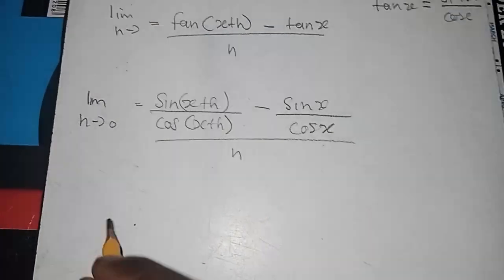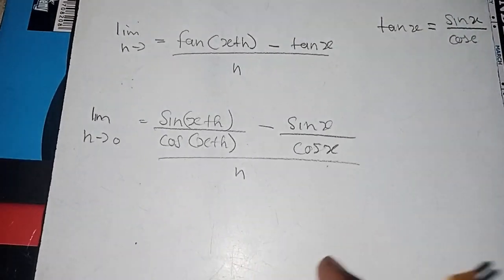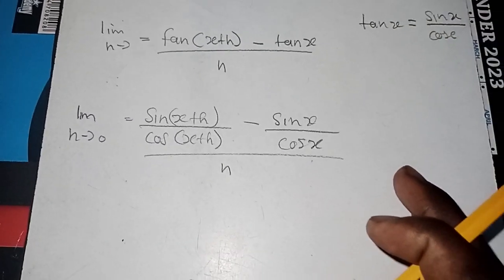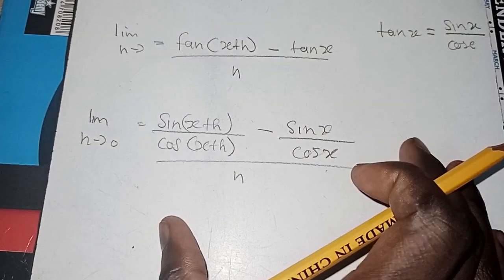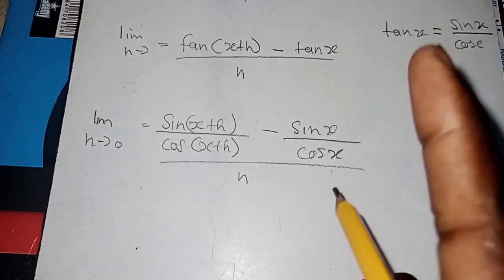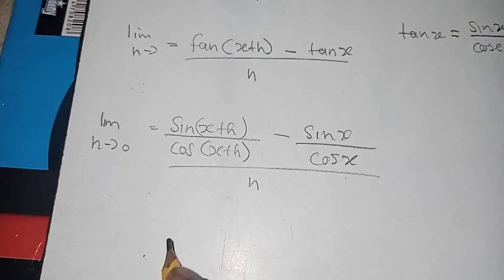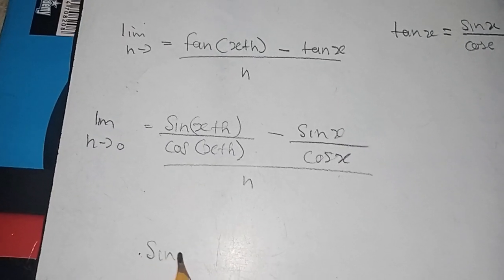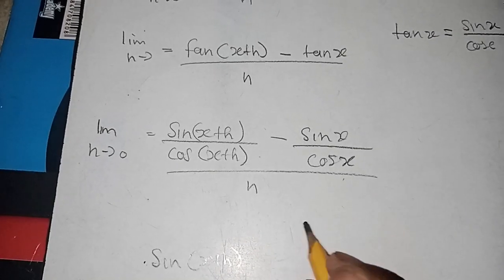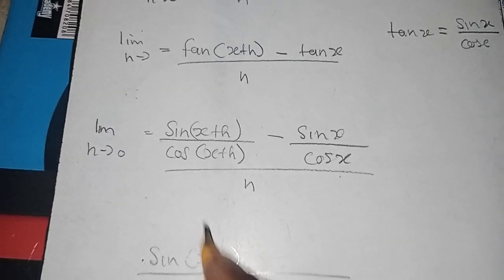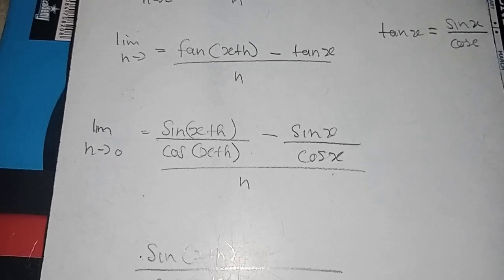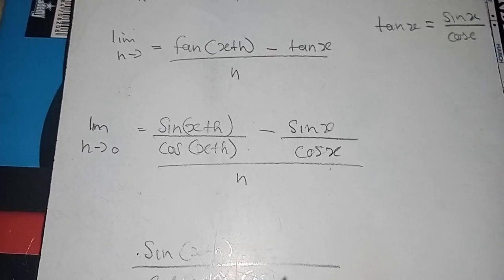Just like I was saying, this is all basic algebra. We're going to apply the method we use when looking at partial fractions. We're going to resolve these two functions and make them one function. So it's going to be sine(x plus h). We have a common denominator here, which is cos(x plus h) cos x.